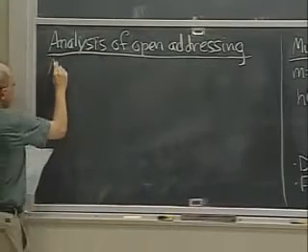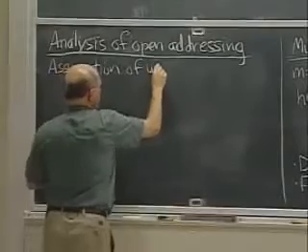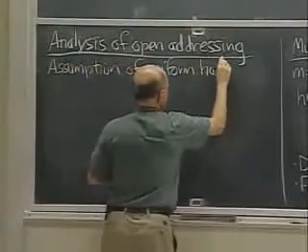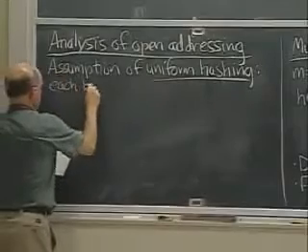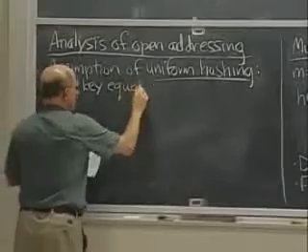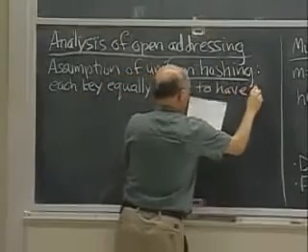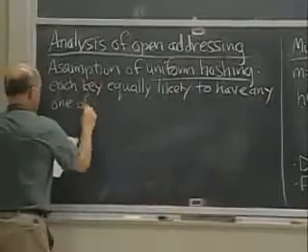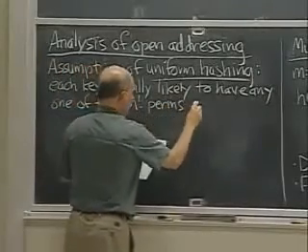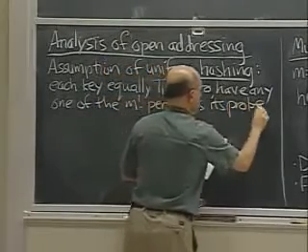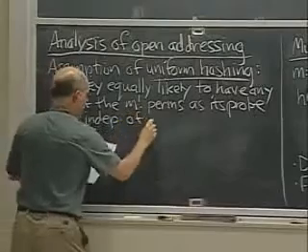For this, we need a little bit stronger assumption than for chaining, and we call it the assumption of uniform hashing, which says that each key is equally likely to have any one of the m factorial permutations as its probe sequence, independent of other keys.